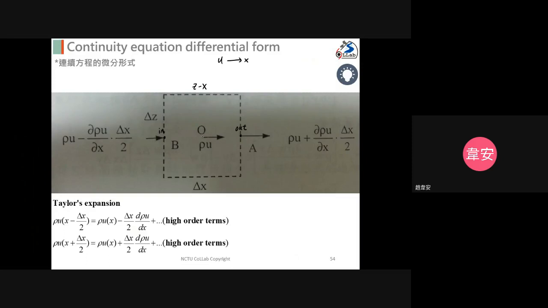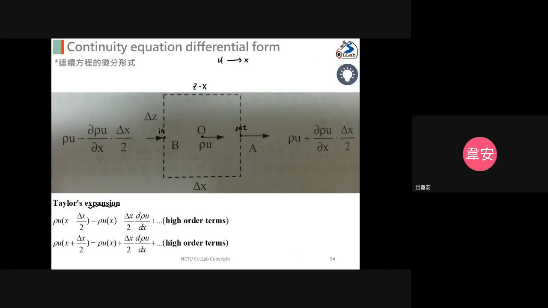At the center point, the physical property is the density multiplied by the U velocity, ρu. Can we predict ρu at the out point and at the in point? We base this on the Taylor expansion.